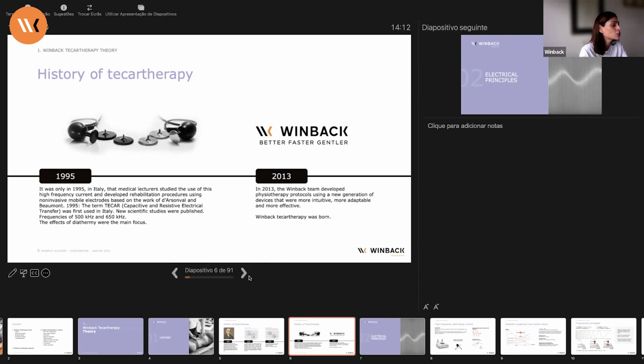The studies were about the effects of diathermy, which were the main focus of these applications. In 2013, the Winback team developed physical therapy protocols using a new generation of devices that were more intuitive, more adaptable, and more effective in use. So Winback was born in 2013.